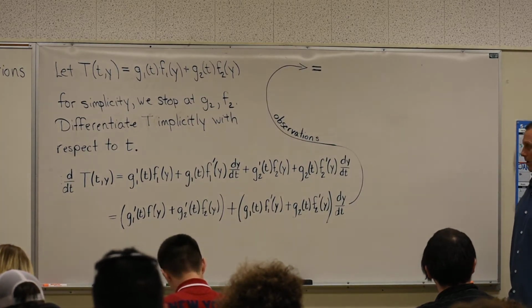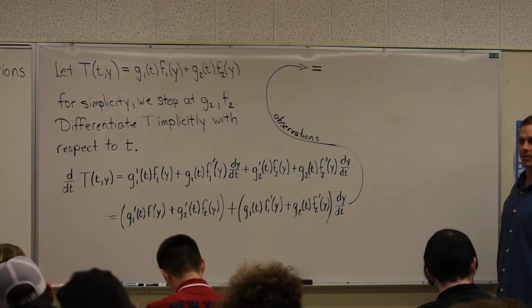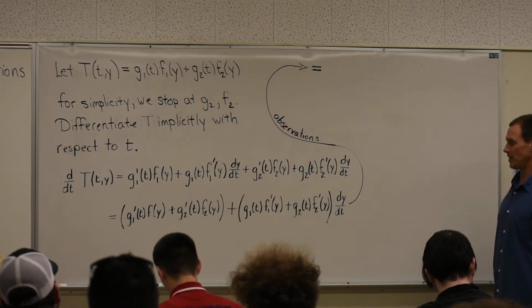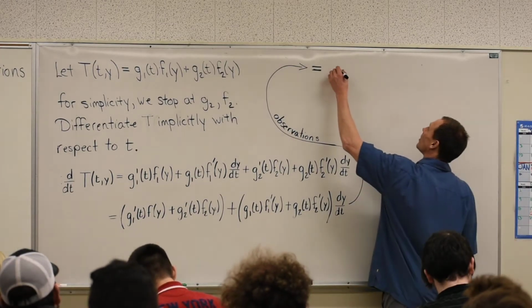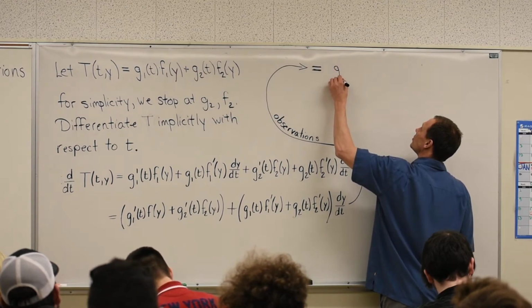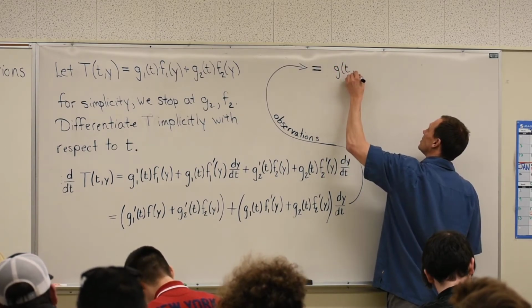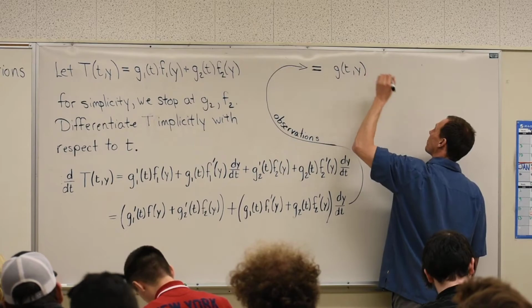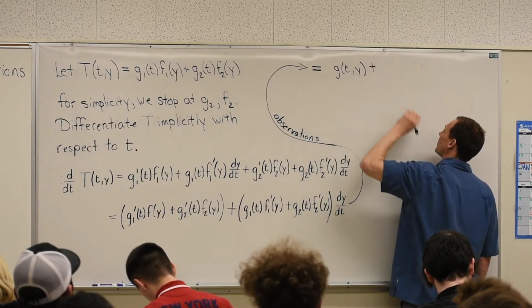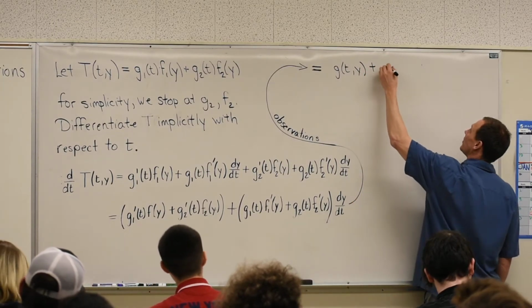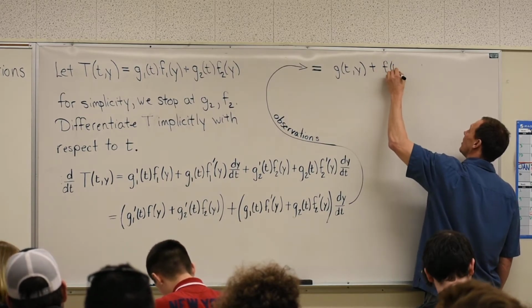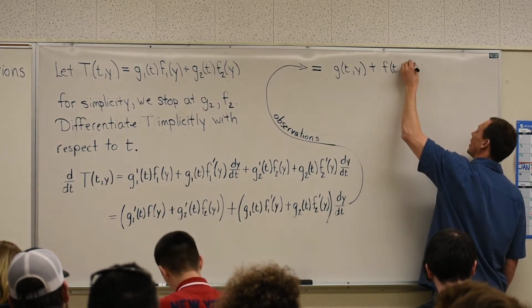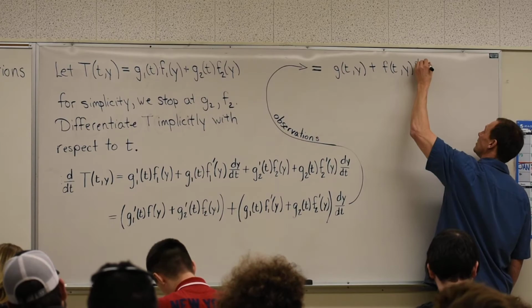I'm going to call the first set of parentheses G of t comma 1, plus I'm going to call the second set of parentheses f of t comma y, dy.